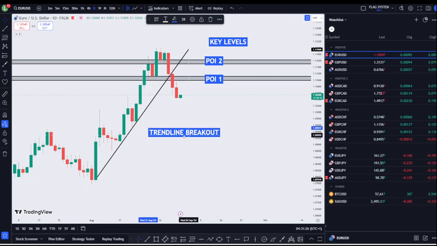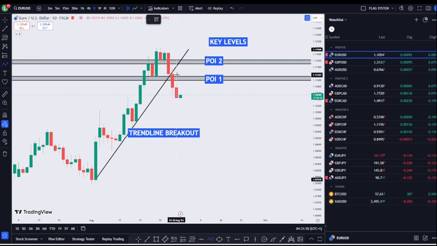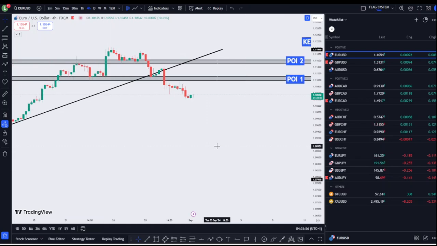And whenever we have uptrend line breakout to the downside, it is another indication to signify that the sellers are the one dominating this market. All these things are very important, and you must not underrate all these conditions when you are doing your top down market analysis. Now let's get down to the lower time frame, 4 hours time frame.